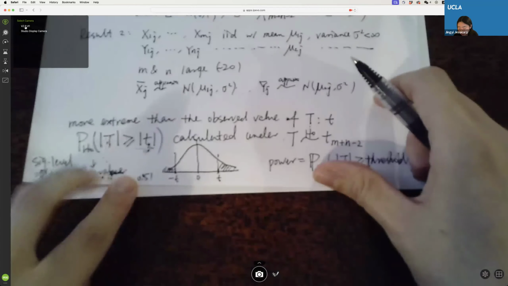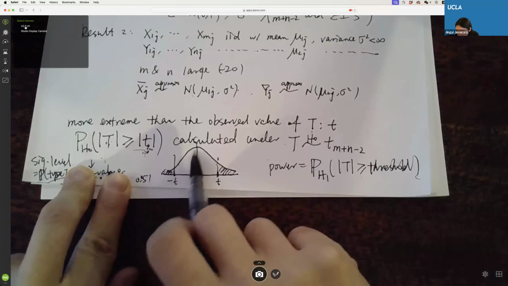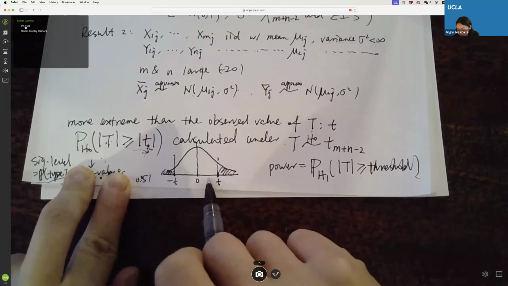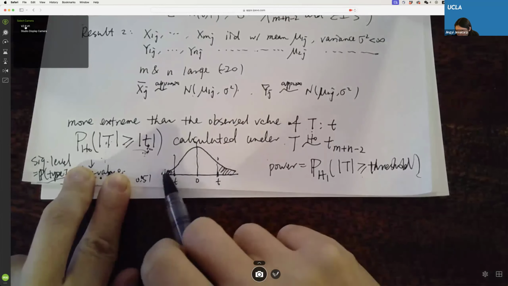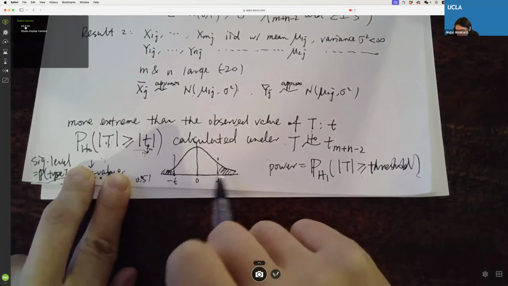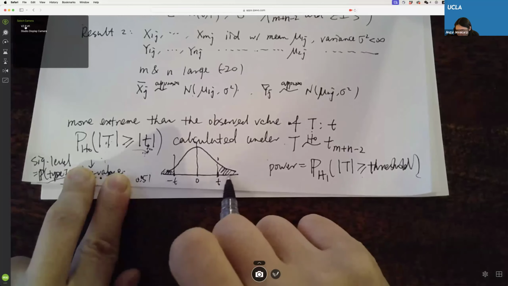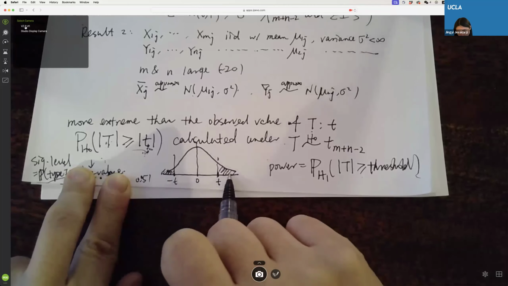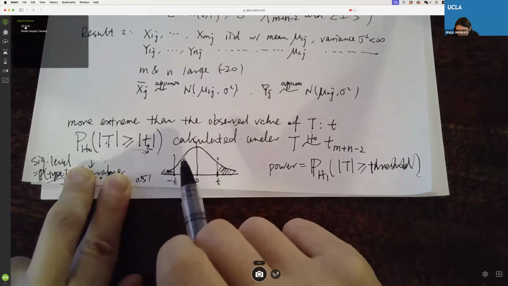So this last step is what we call the p-value calculation, which uses the t-statistic value, the value we observe or calculate on our data, compares it to the null distribution, and we call the tail probability our p-value. Whether we use just one tail or two tails together depends on how we specify the alternative hypothesis.